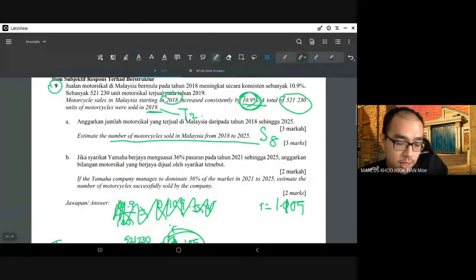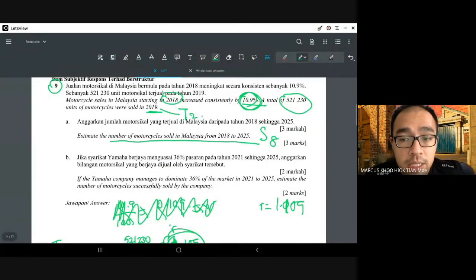If the Yamaha company manages to dominate 36% of the market in 2021 to 2025, which is 5 years, estimate the number of motorcycles successfully sold by the company.